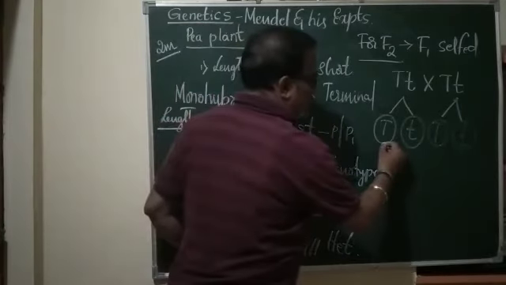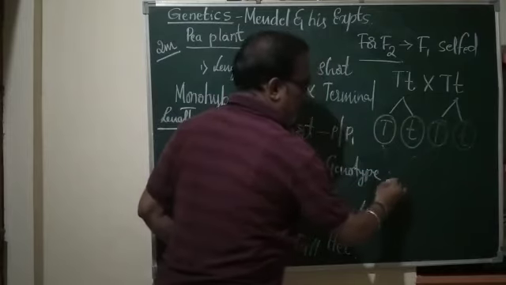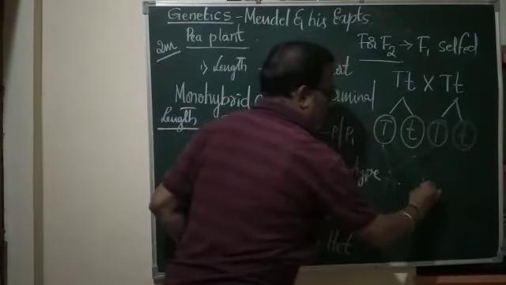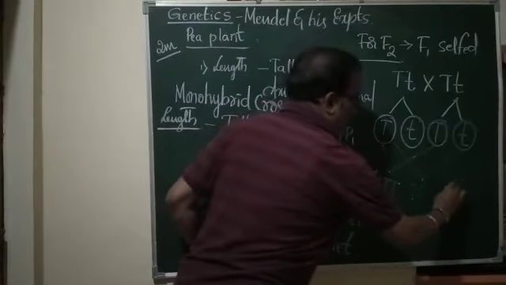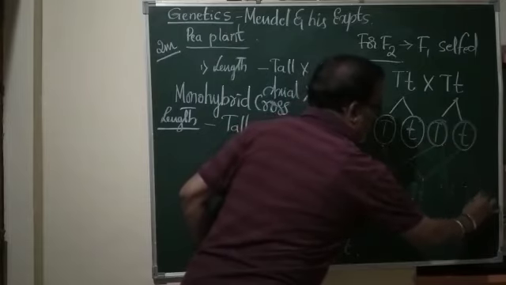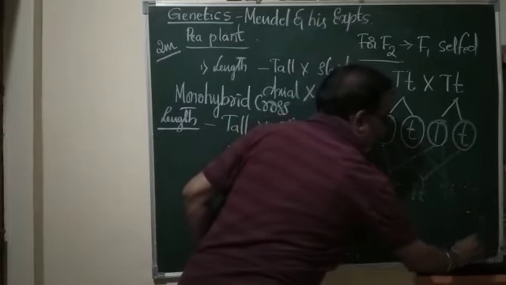By crossing them, capital T with capital T, capital T with small t, small t with capital T, small t with small t. This is F2 generation.